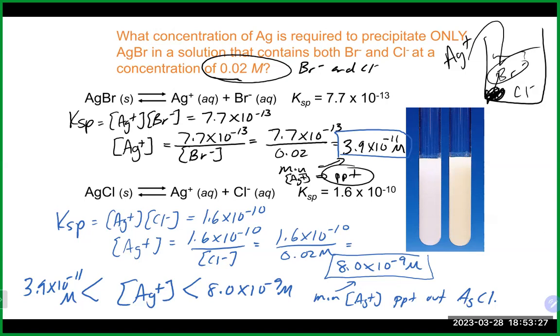Question on that there. What would happen if I had both of those ions, both the bromide ion and the chloride ion in there, and I just grabbed the bottle of silver off the shelf that was basically, say, greater than 8 times 10 to the minus 9 and started dumping it in there? What would happen? Everybody would precipitate out at once, yeah?